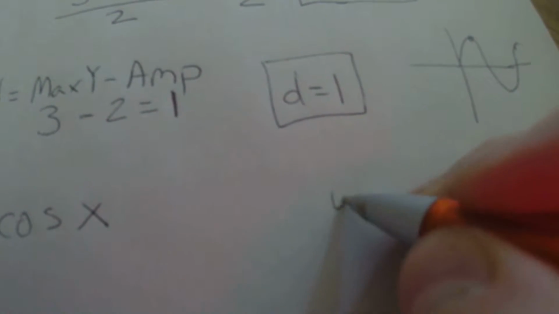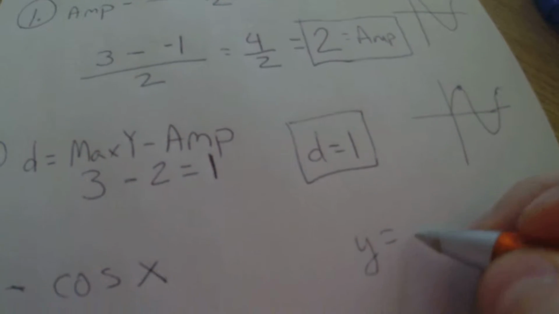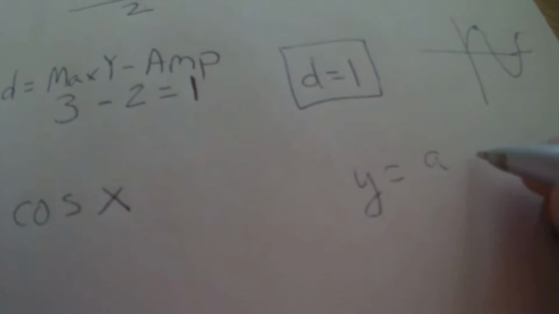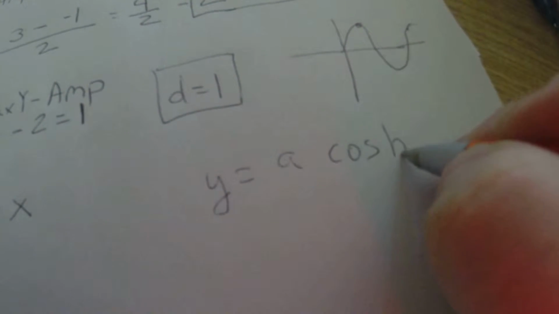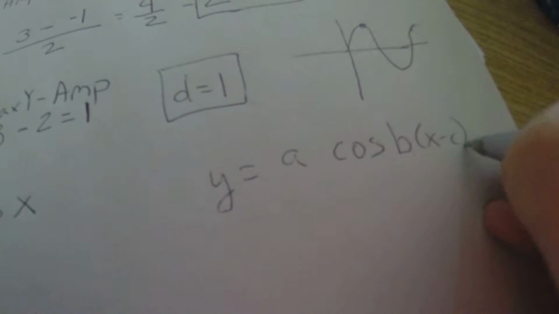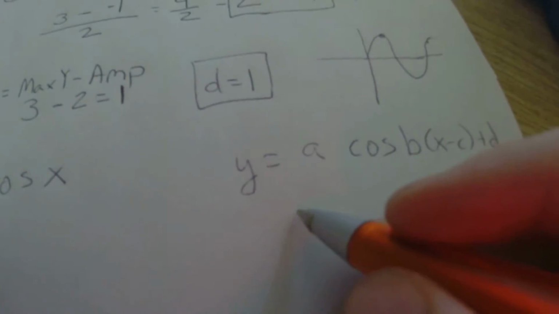I'm going to use the form y equals A. We're using cosine here. So cosine bx minus c plus d. Fit it in. Awesome. So we said A is the amp, which is 2. So 2 cosine. B is 2.